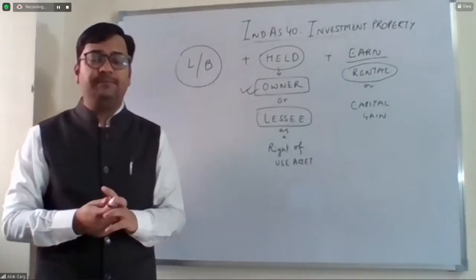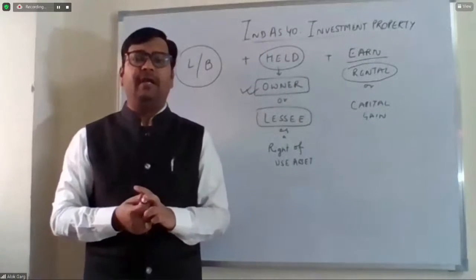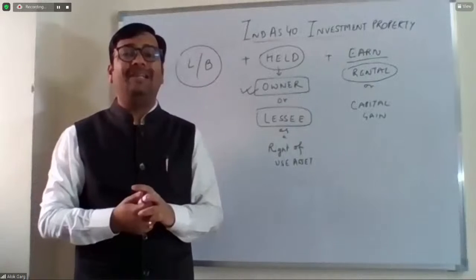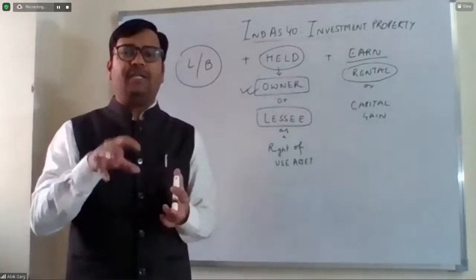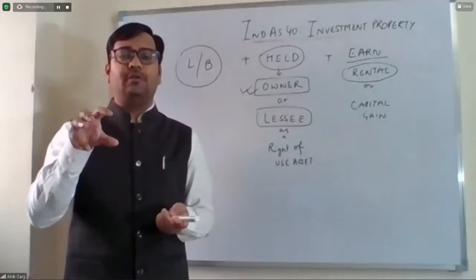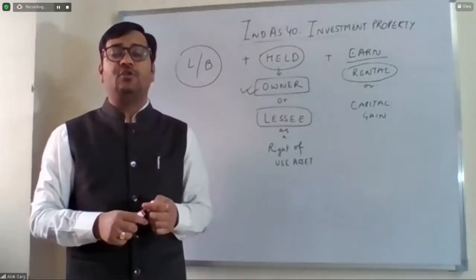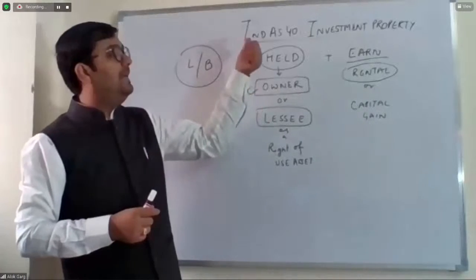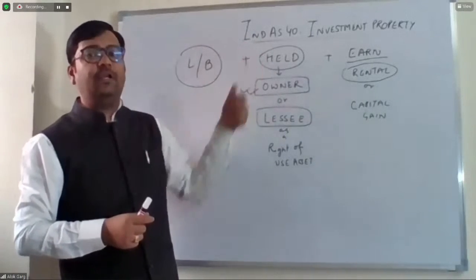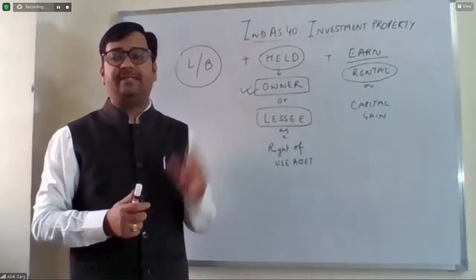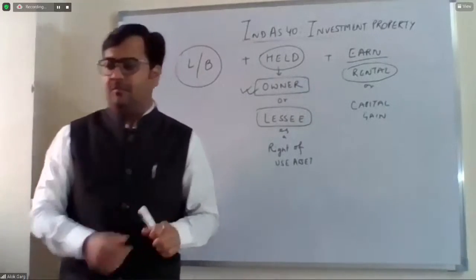A Limited has taken a building on lease basis. The objective of A Limited is to use that particular building for business purposes. So whether it will be shown as an investment property under IndAS 40 or as property, plant and equipment under IndAS 16. What is your answer?